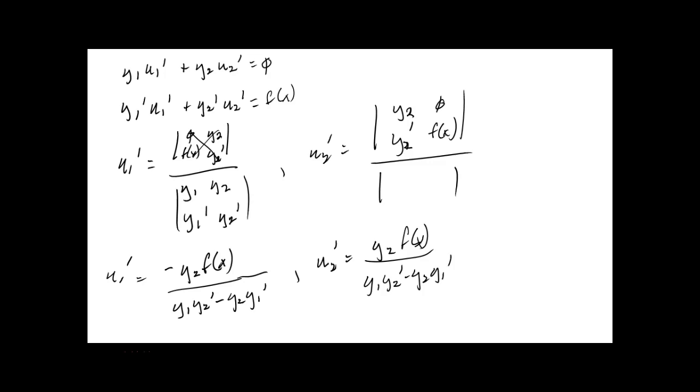The W1, which is the numerator for u1 prime, is 0, f of x, y2, y2 prime. Sorry, the 2's there, they're 1's.